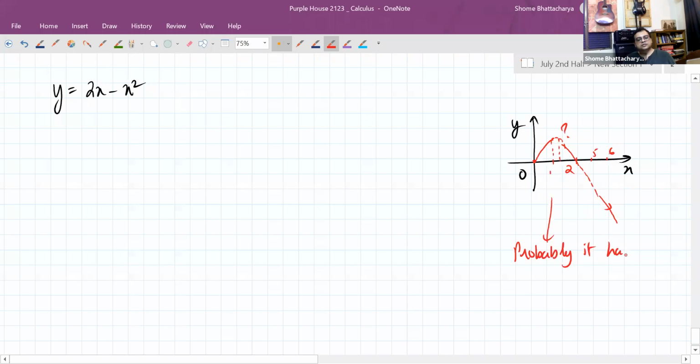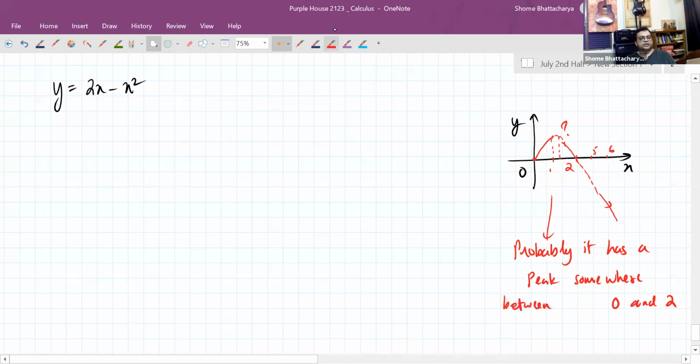In fact, let's widen it and say that it has a peak somewhere between 0 and 2 only. Maybe between 1 and 2, but definitely between x equal to 0 and x equal to 2, it's having a maxima somewhere. It is having a peak at some particular point.